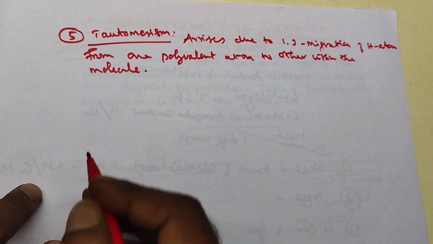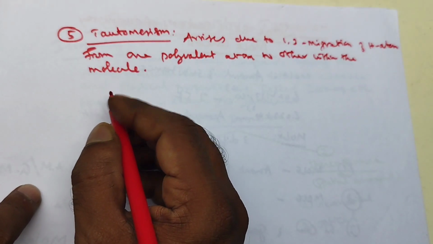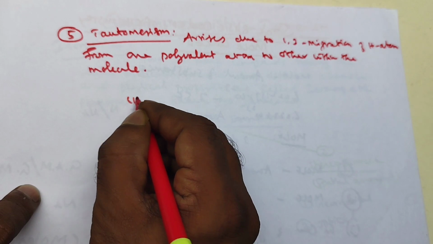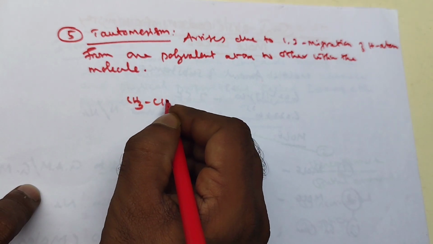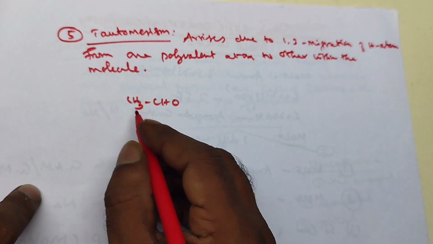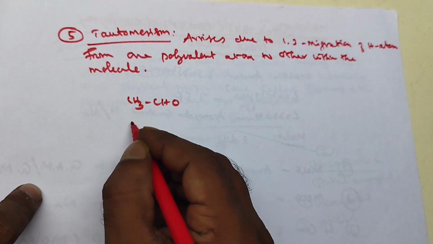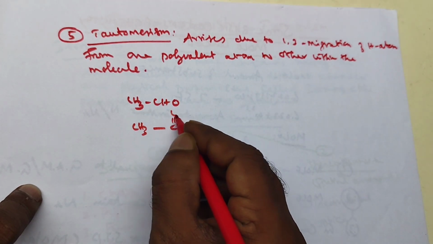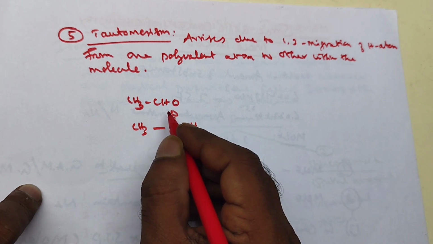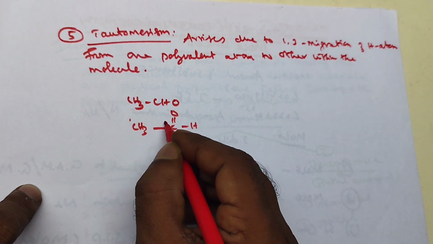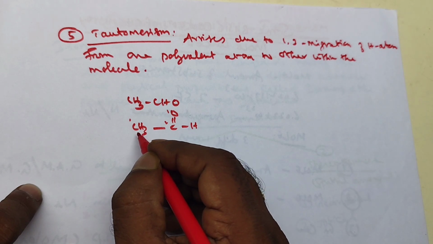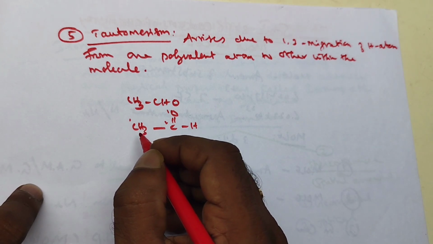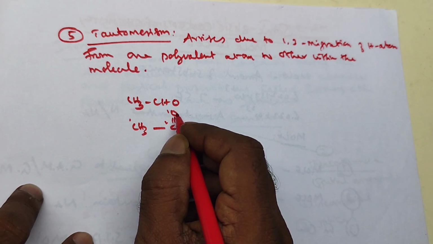We will take one example, say acetaldehyde, CH3CHO. Here you have to write like this: CH3C double bond O with H. You have to see the positions 1, 2, 3. Here the hydrogen atom from the first position is migrated to form the OH form.